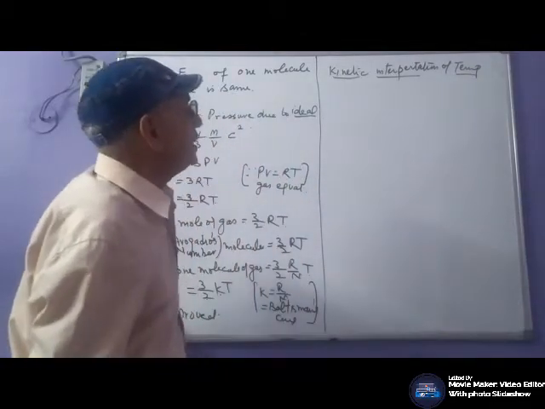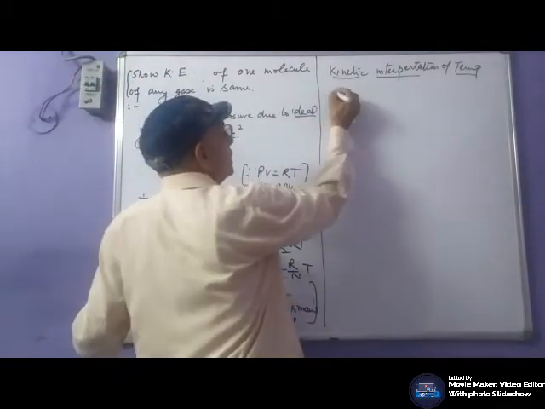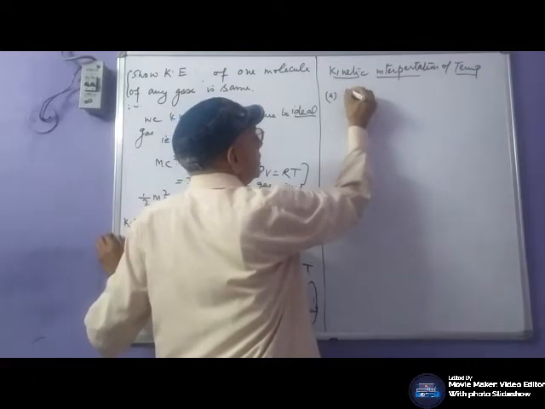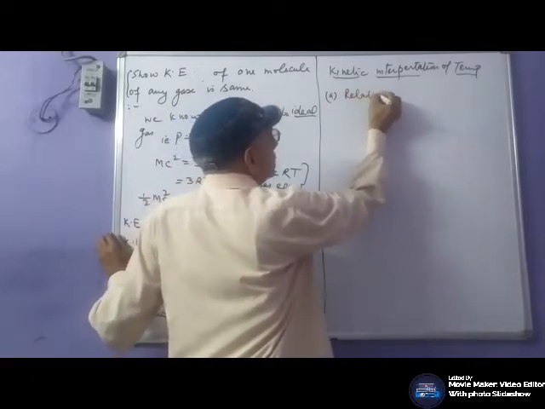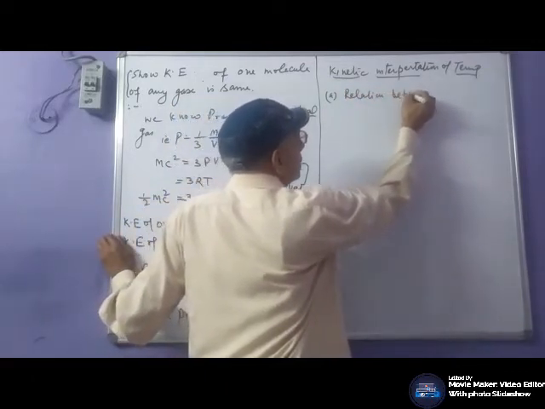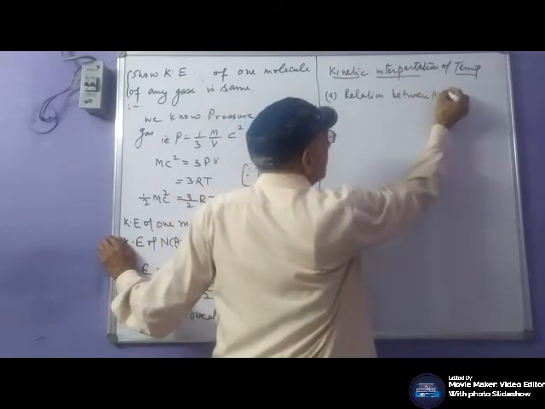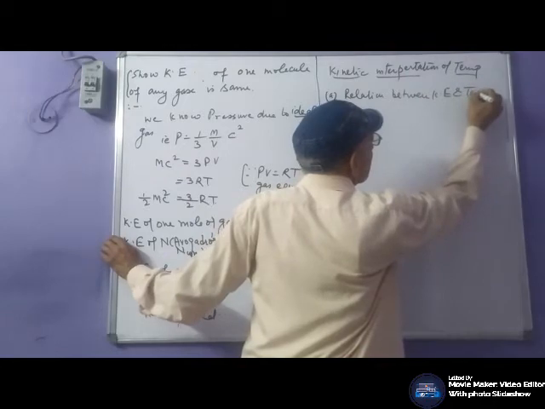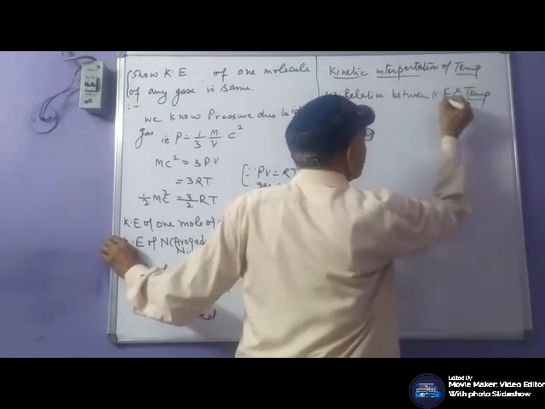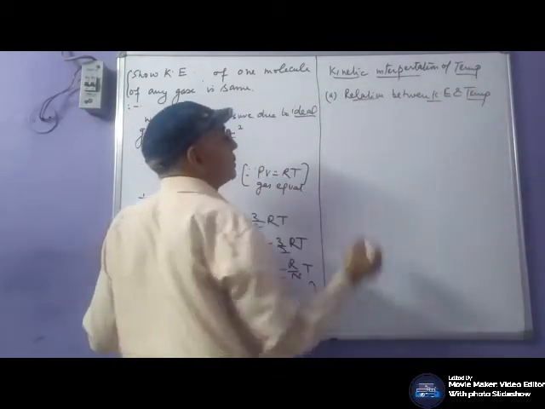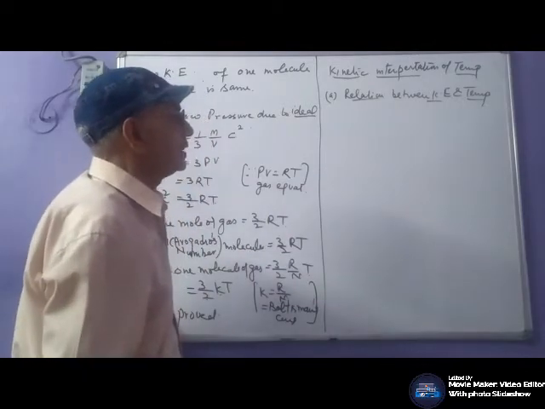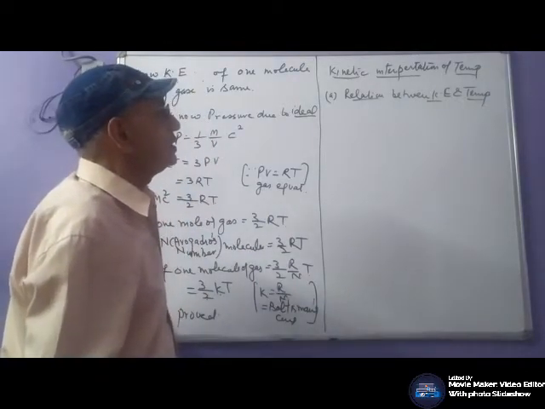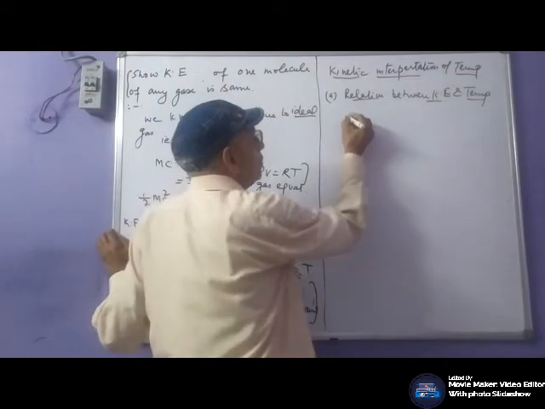This is the kinetic interpretation of temperature. Part A: the relation between kinetic energy and temperature. This is the first part of the kinetic interpretation of temperature.